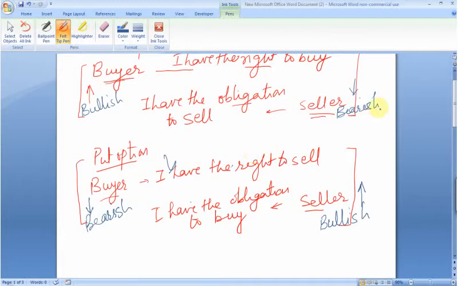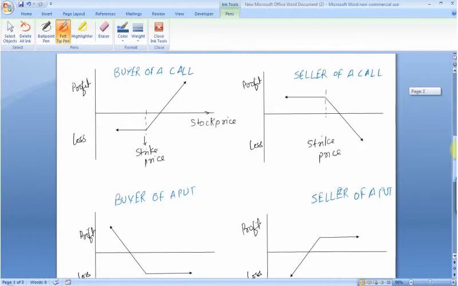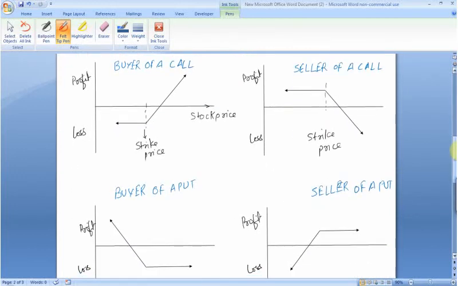So let me demonstrate by this graph over here. This is the graph for the buyer of a call option. This is the profit, this is the loss, this is the break-even line, and in this direction we have the increasing stock price.